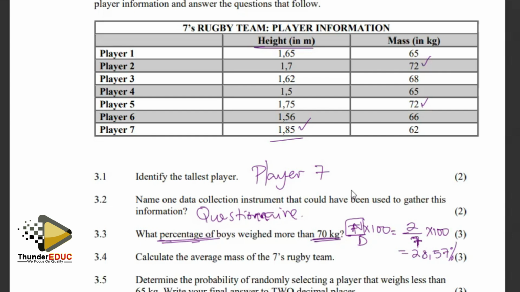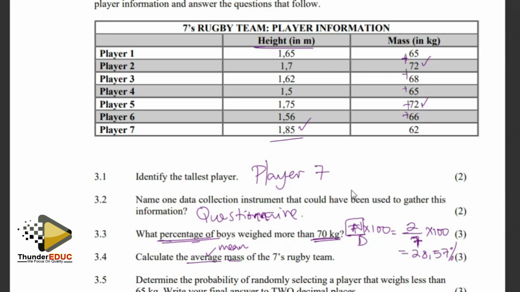Calculate the average mass. Average means mean. We add all the numbers and we divide by 7.